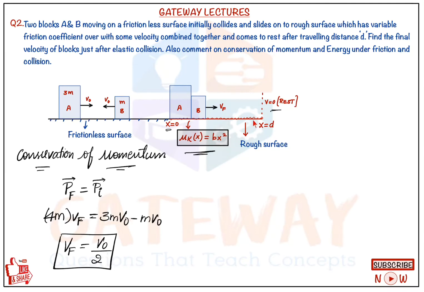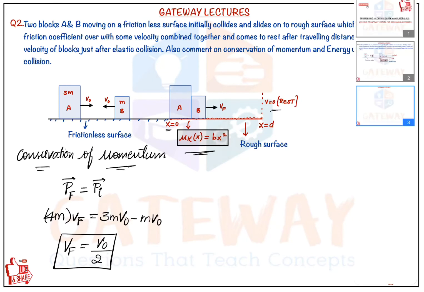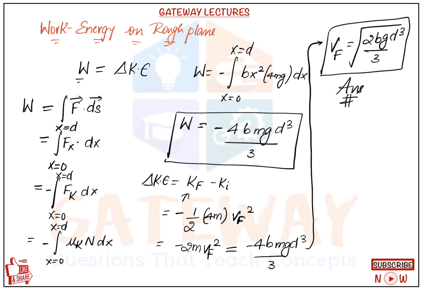It goes in the form of doing work against the friction. The block has to move against the friction, so this kinetic energy is used to do work against kinetic friction. That's why we applied work done, and for the force term we have taken friction. Since it is in motion, the friction will be kinetic friction, given as mu k, and mu k is variable as b x squared.